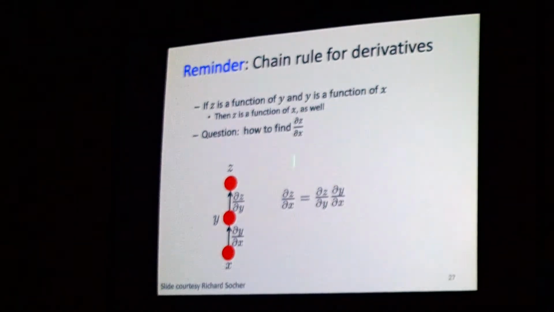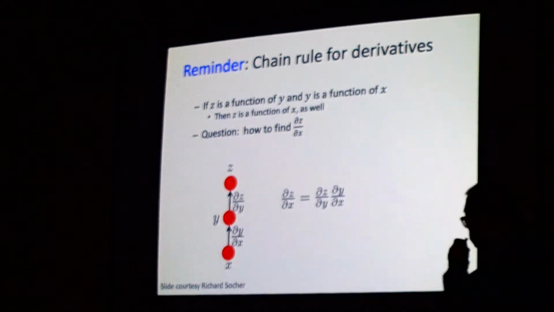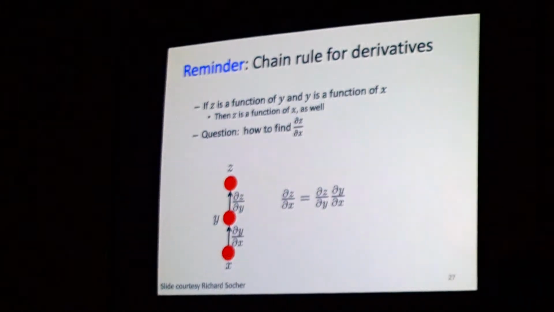Now I want to give a graphical representation to show how this is computed. We use nodes to represent different variables, and there might be dependencies between them. We have three variables, z, y, and x. We know z is a function of y, so we draw an edge connecting y and z: y points to z.